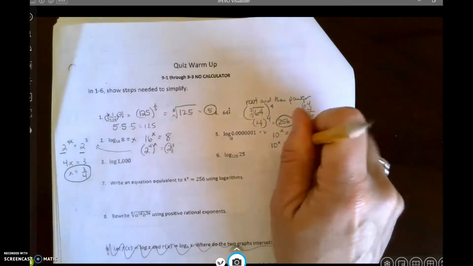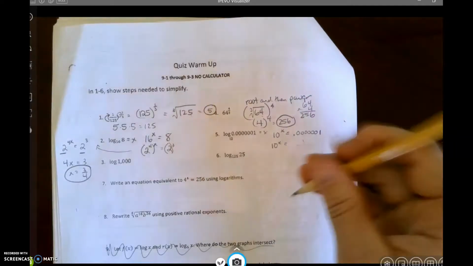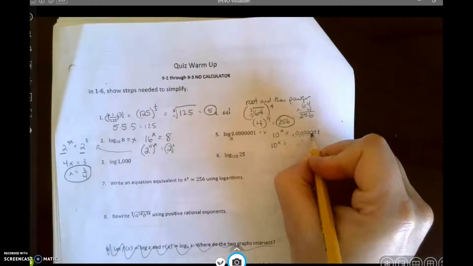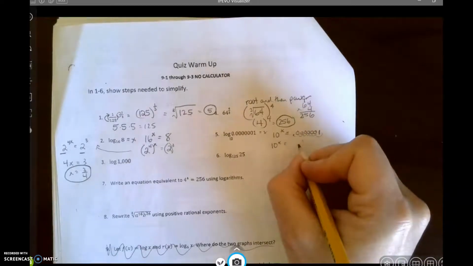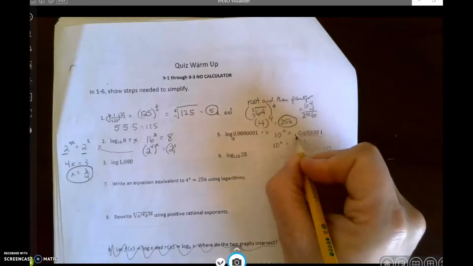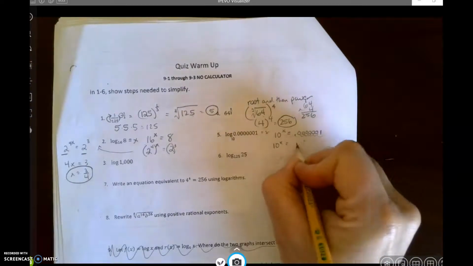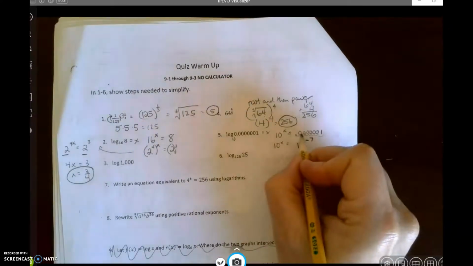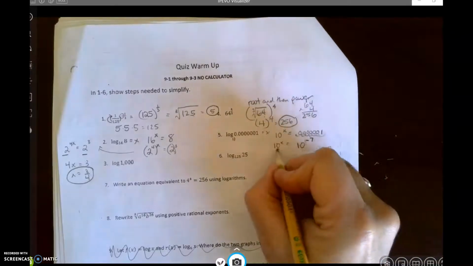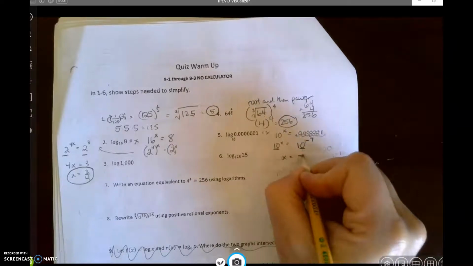Rather than writing it as a fraction, I can just think, how many times do I need to move this? 1, 2, 3, 4, 5, 6, 7. Since it's 7 places, but it's not getting bigger, it's getting smaller, that would be 10 to the negative 7th. And since they have the same base, x equals negative 7.